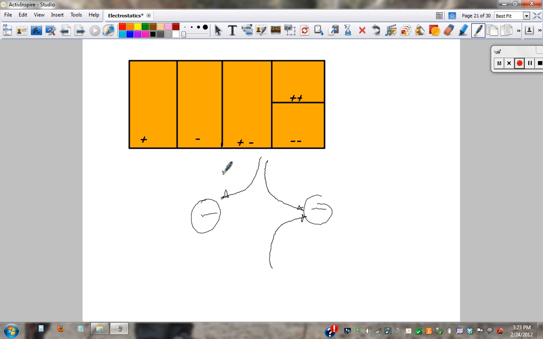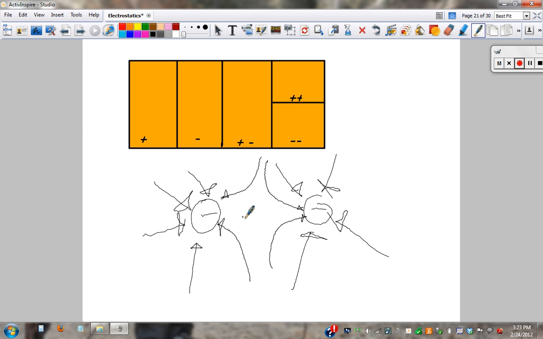So they'll just come in like this. And this is the source of all repulsive force. If it's a positive and a positive, then it's the same, only the lines are going out, because field lines go away from the positives. They kind of look like this.